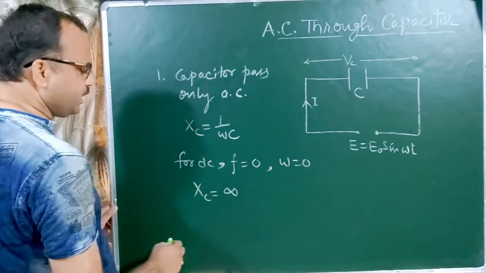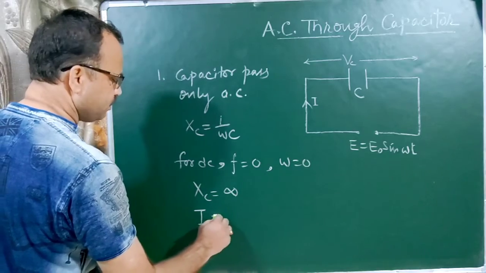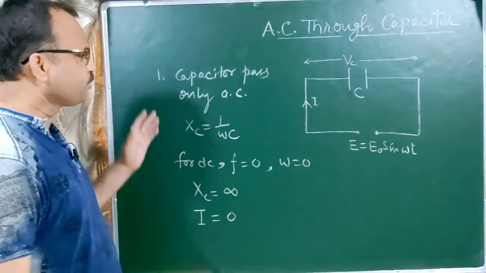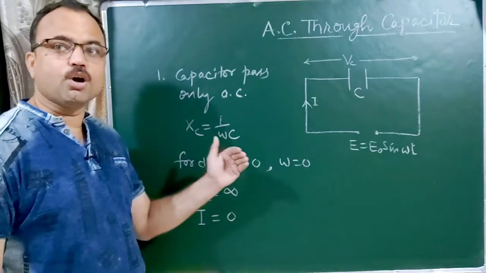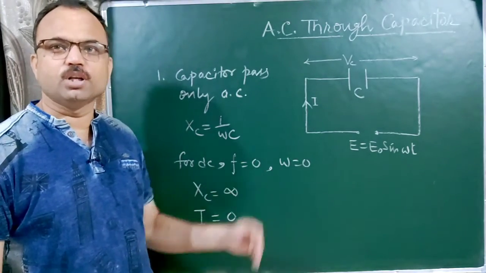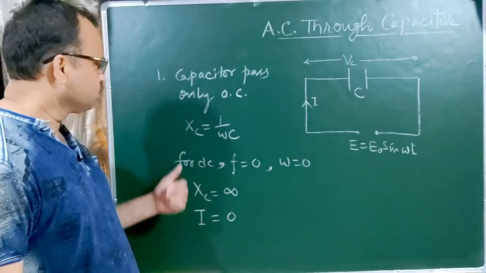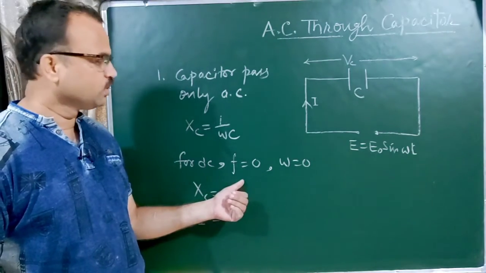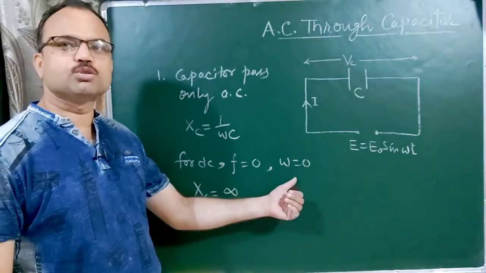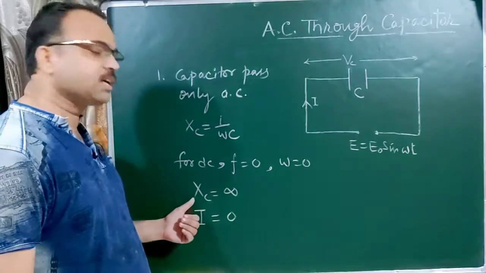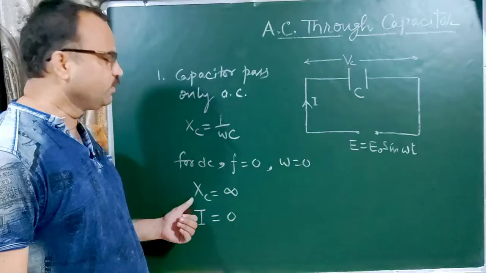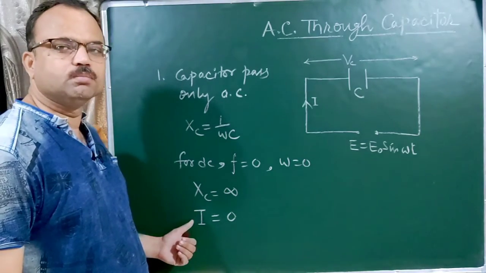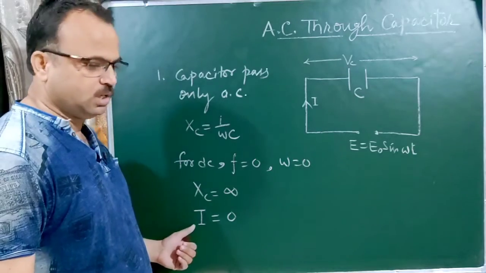When Xc is infinite, the current will be 0. This is the main reason the capacitor blocks DC. It passes only AC, because in case of DC the frequency is 0, so the angular frequency is also 0, the reactance of the capacitor is infinite and the current is 0.